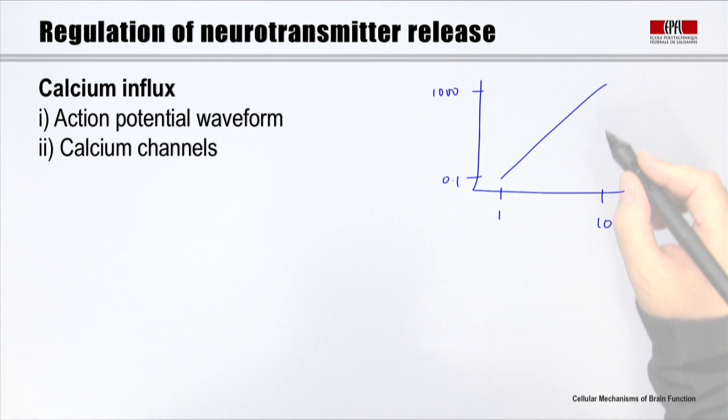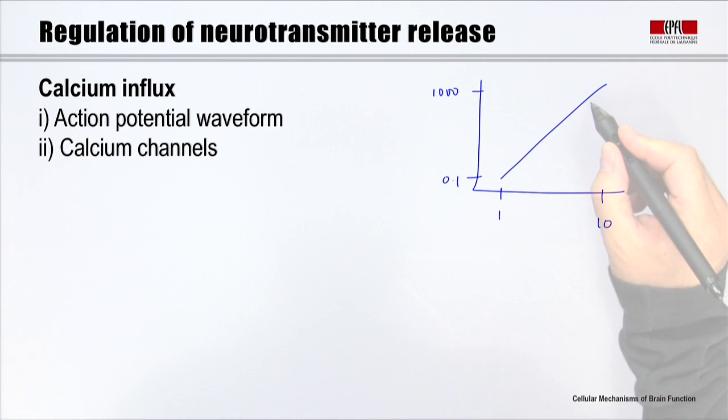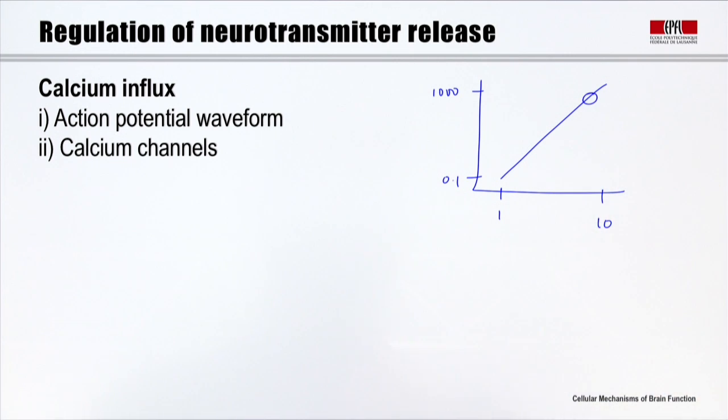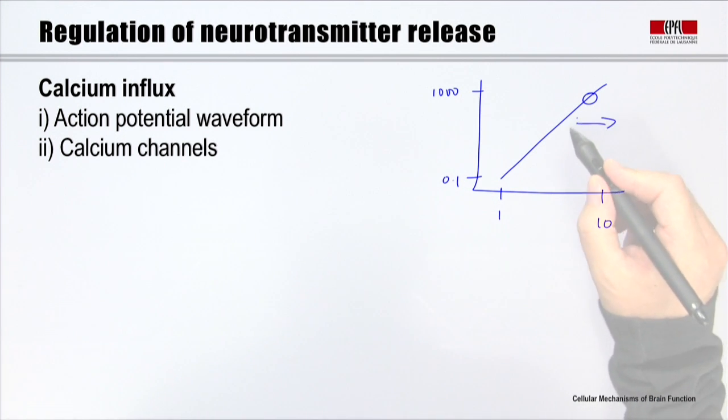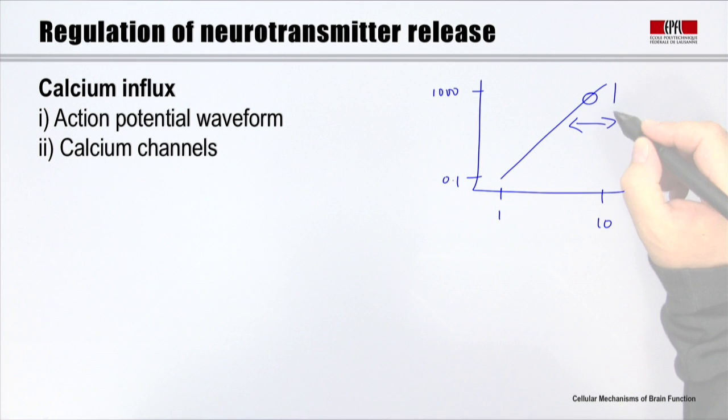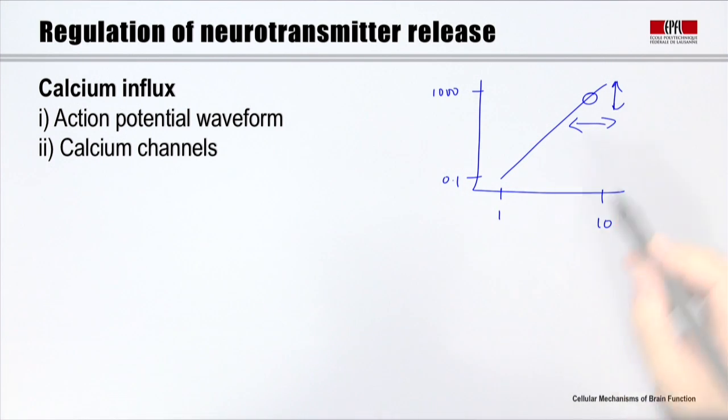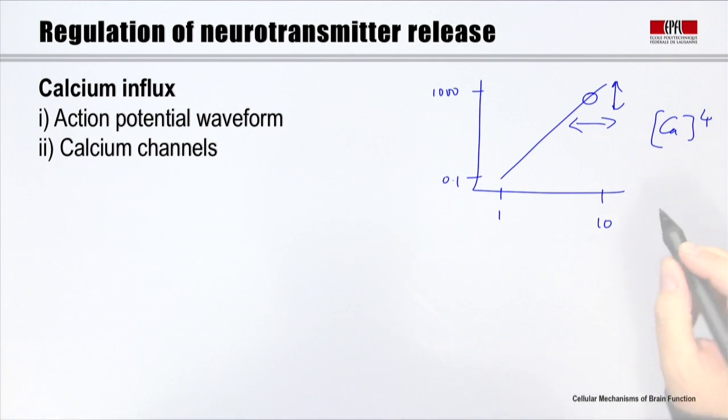And typically, during an action potential invading the nerve terminal, we think that we're reaching something like 10 micromolar of calcium. And so by increasing or decreasing the amount of calcium, we can also increase or decrease the amount of neurotransmitter being released. There's an extremely steep dependence where we go with the fourth power of calcium. So small changes in calcium can give rise to very big changes in the amount of release from the presynaptic terminal. So how do we change the amount of calcium that comes into the presynaptic terminal?